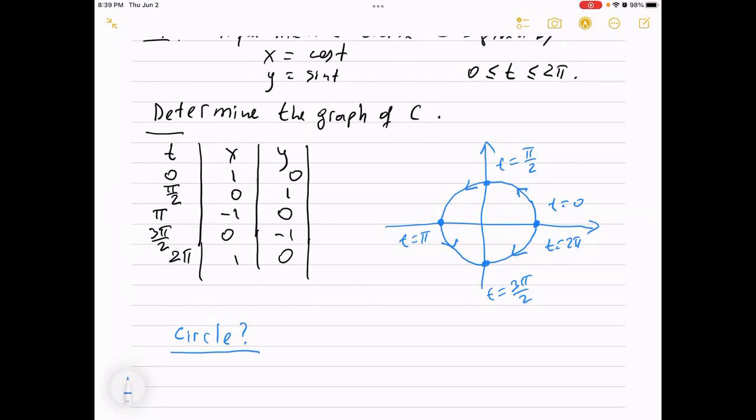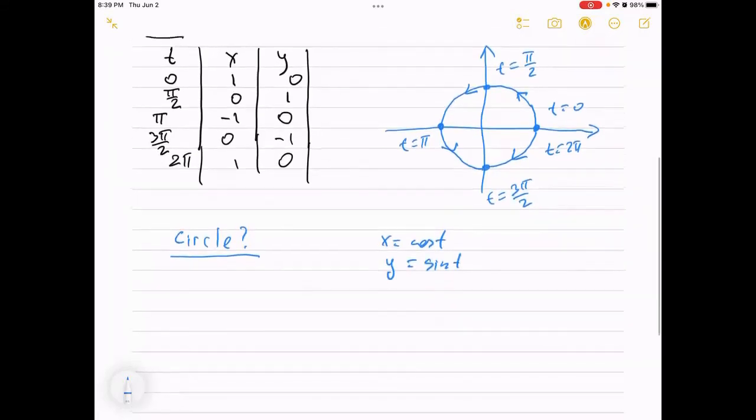Notice that x equals cosine t, and y equals sine t. If you look at cosine t and sine t, almost immediately you want to think about the main trig identity, which connects cosine and sine: cosine squared plus sine squared equals 1.